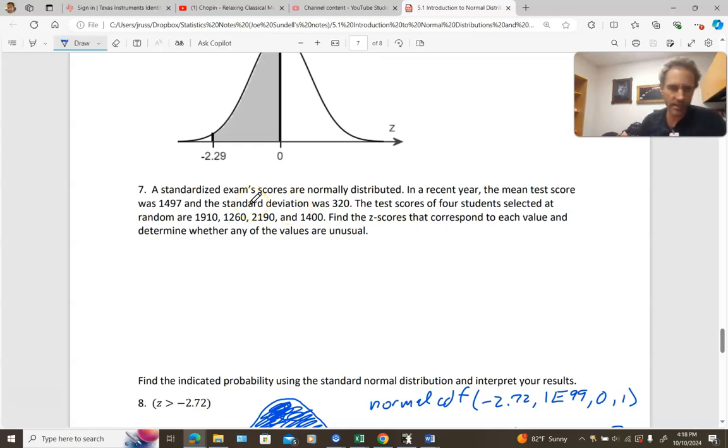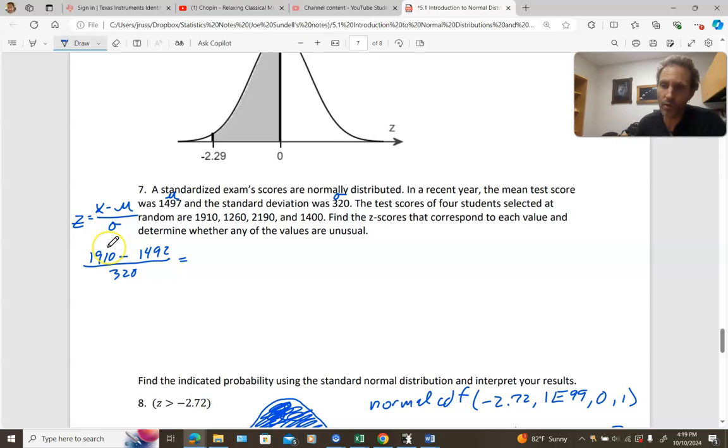All right, now to turn these into z-scores, you have to remember this formula. z is equal to the actual value minus the mean, divided by the standard deviation. Okay. So for the 1910, that's the actual raw score minus the mean, which is 1497, and then divided by the standard deviation, which is 320.